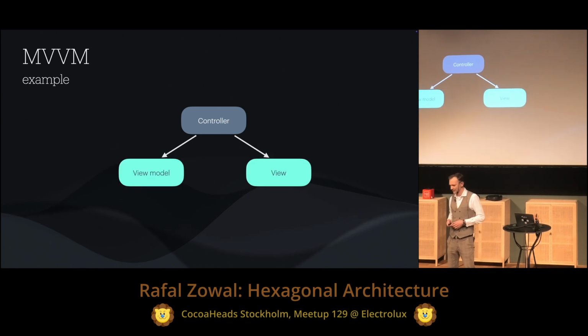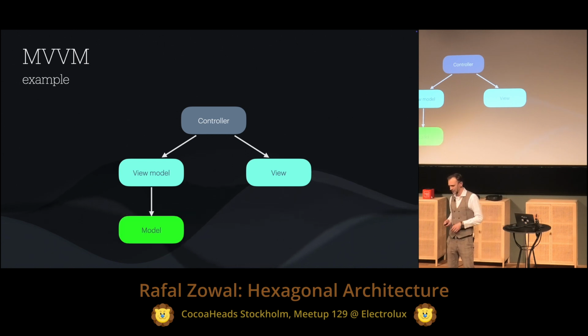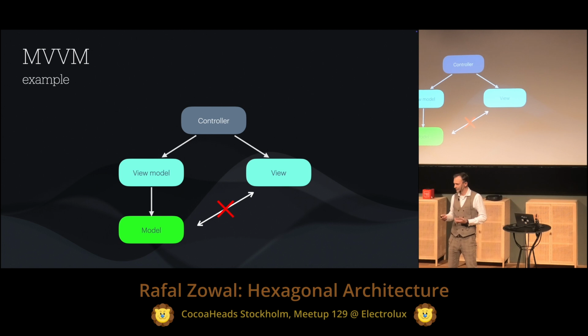Now we understand it has some kind of communication to other layers. The view model has it to another one, which is the model. We also understand some layers cannot communicate with each other, like the model with the view. So if we simplify architecture, it is the layers and the communications.